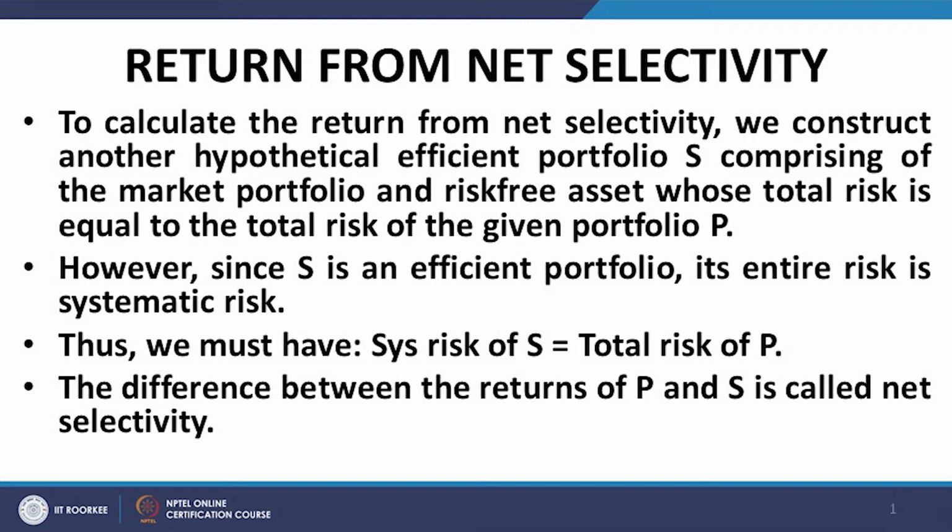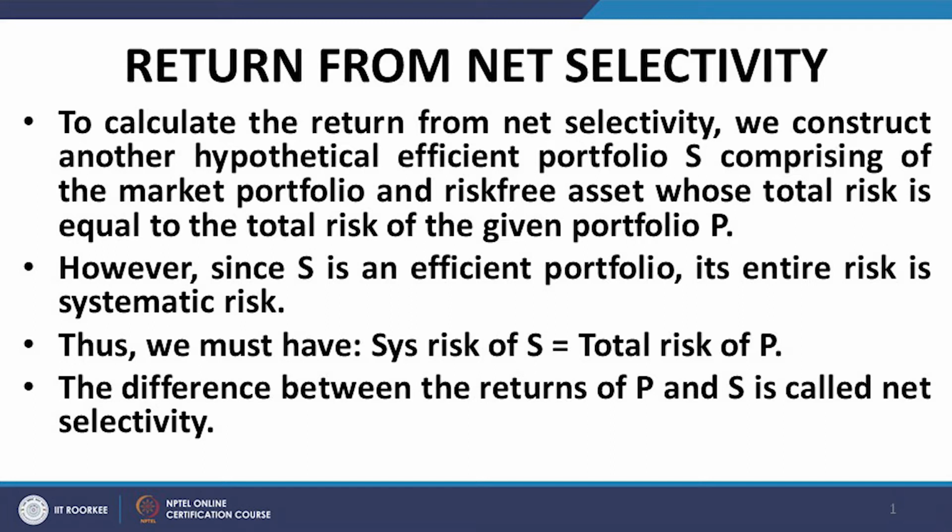So, since S is an efficient portfolio, the entire risk is systematic risk, and therefore, the systematic risk of S is equal to the total risk of P. From equating these two, we are able to obtain the beta value of S, and having obtained the beta value of S, we are able to obtain the corresponding return on S by locating the point on the straight line Fm extended if required.